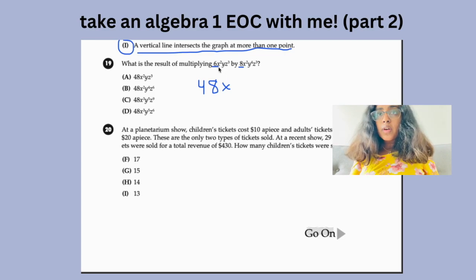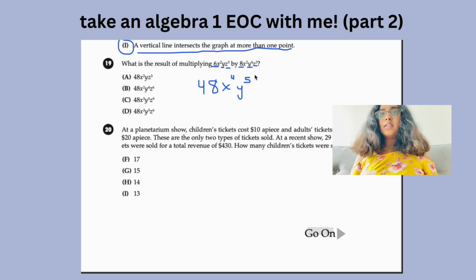So if we have x squared here and x squared here, this looks like it's x to the power of 4. And then we have y times y to the power of 4, which is just y to the 5. And then z cubed times z cubed is z to the 9. Okay, it's z to the 6, my bad, because you add them.